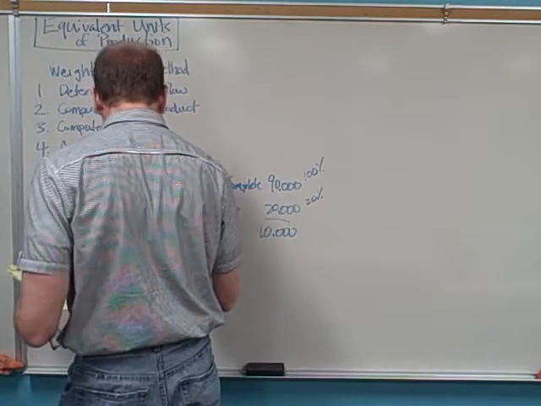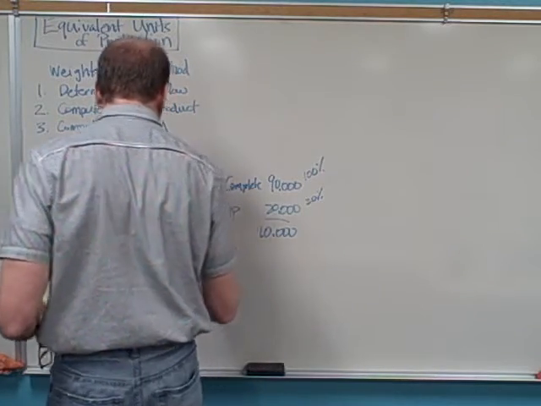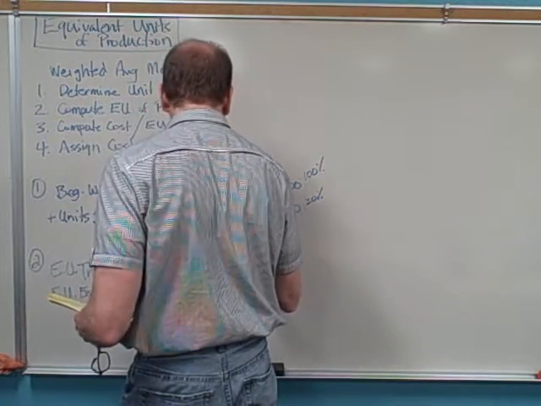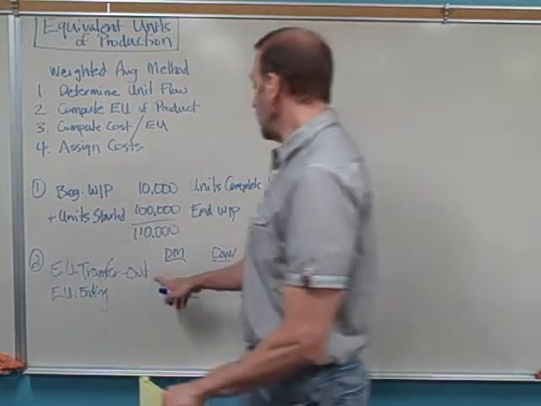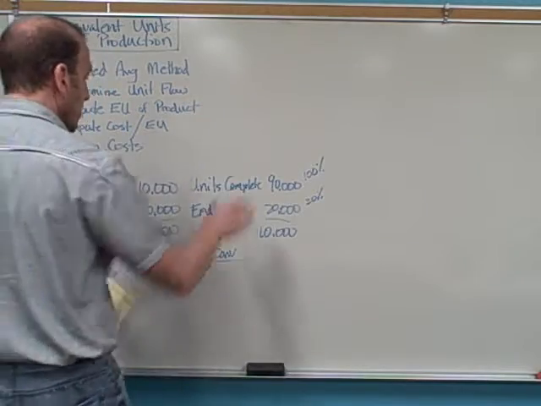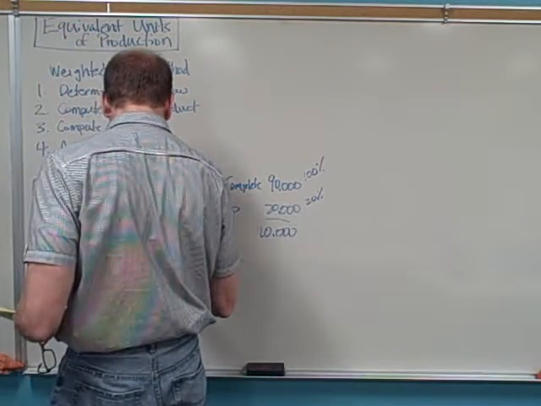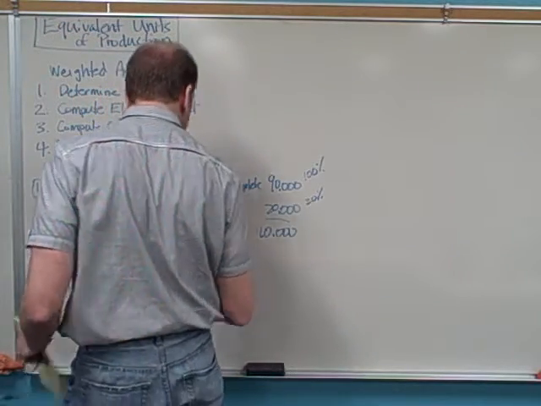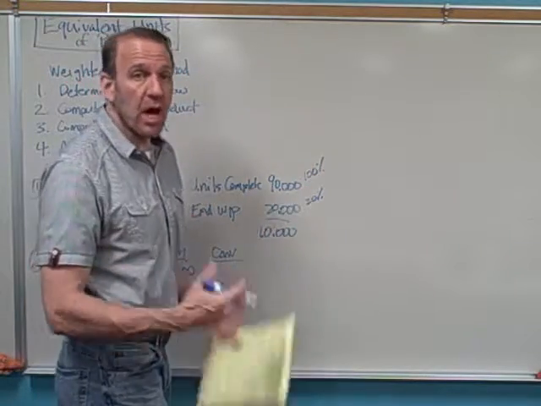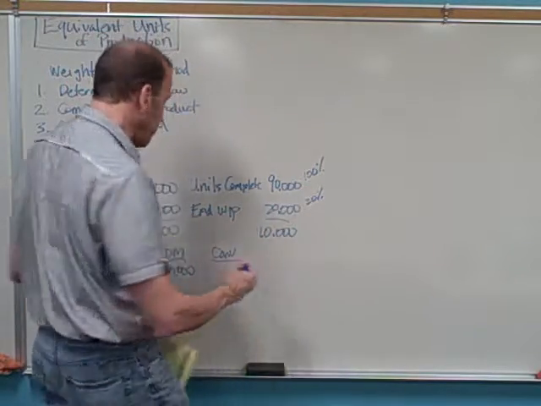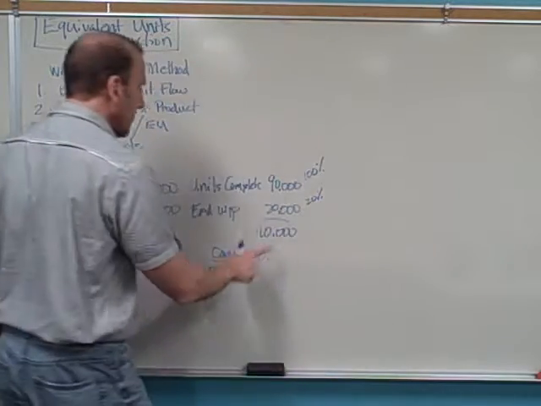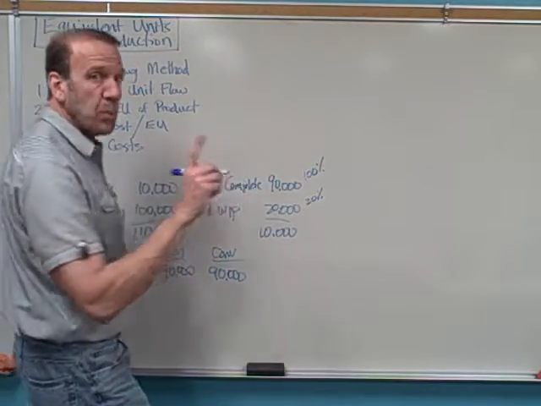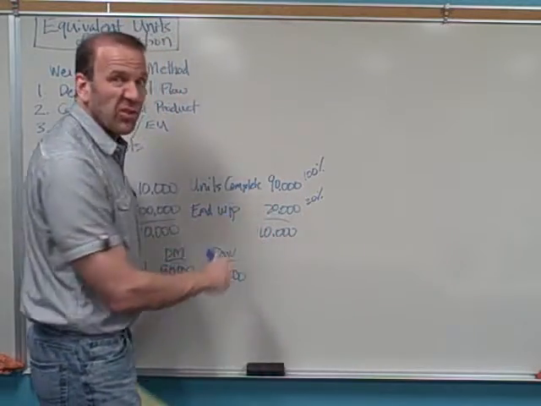So now we're looking at the direct materials and we're looking at conversion. We have to keep track of these separate because equivalent unit-wise, they are separate. Equivalent units transferred out for direct materials were 90,000. And for conversion, if they were transferred out, they were 100% complete with respect to conversion also. So we're going to put 90,000 with respect to conversion. The difference is these right here. With respect to material, these 20,000 are done.